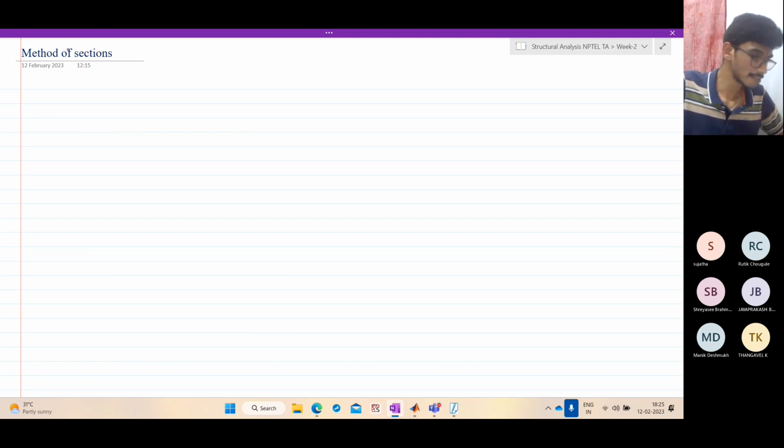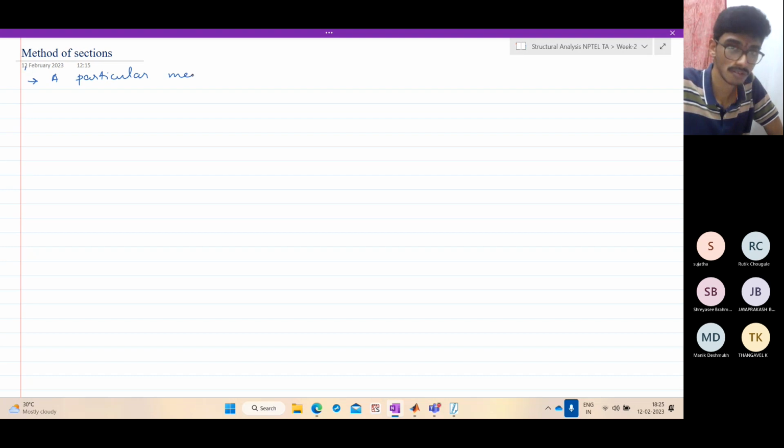The method of joints is useful when you want to get all the member forces. But the method of sections is more useful when you want the force only in a particular member of the truss.